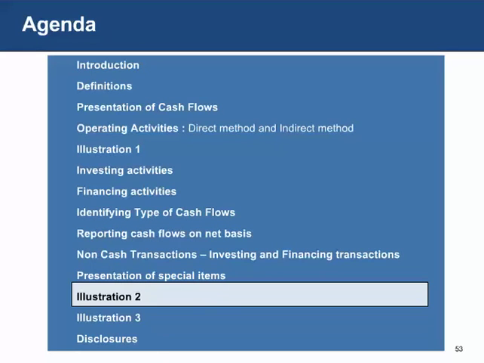So friends, after understanding presentation of special items and after understanding the entire presentation of cash flows, let's do certain illustrations to just consolidate our understanding and test our knowledge.